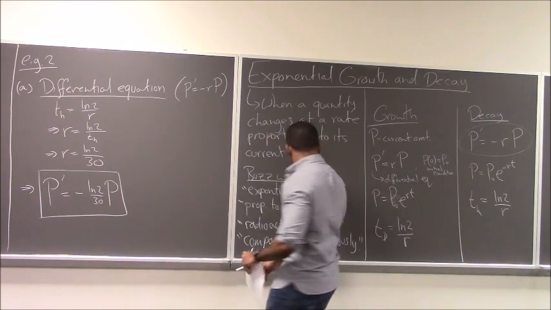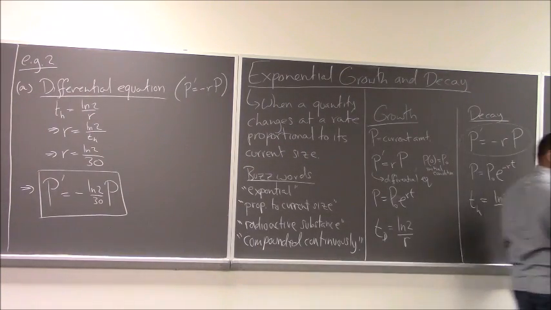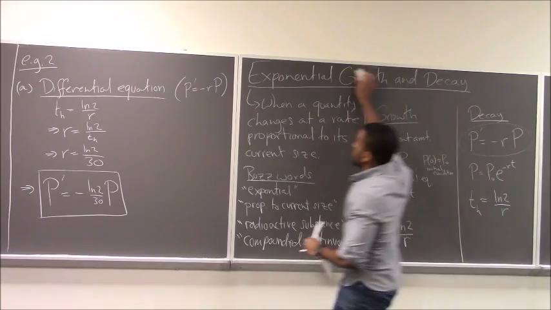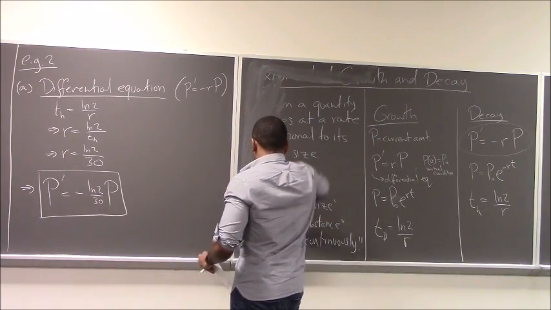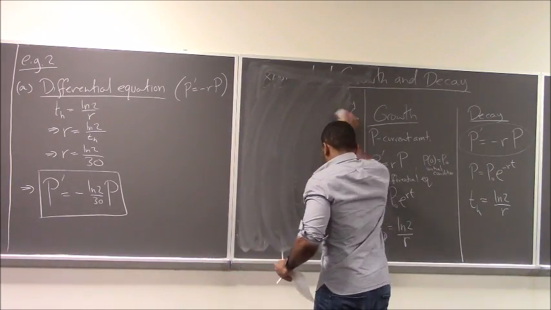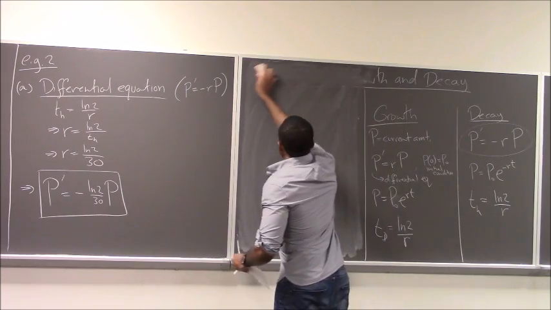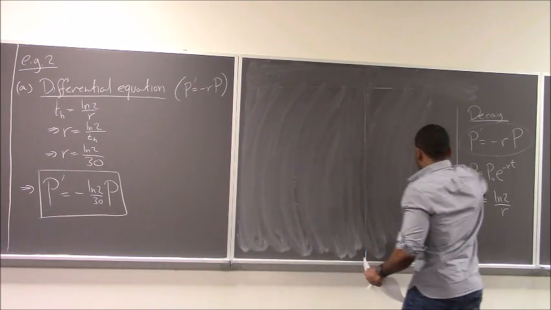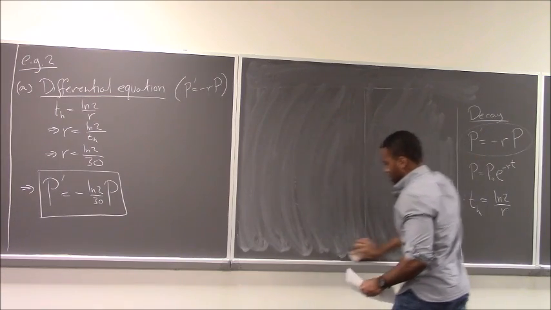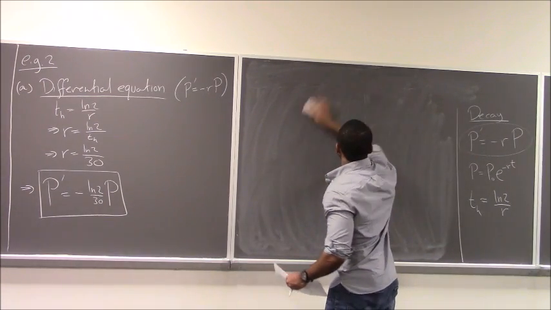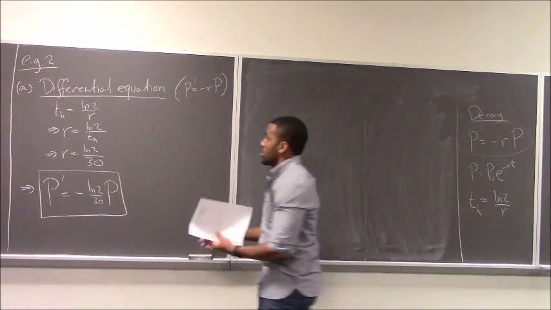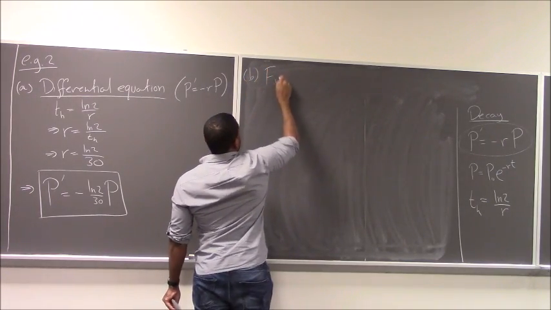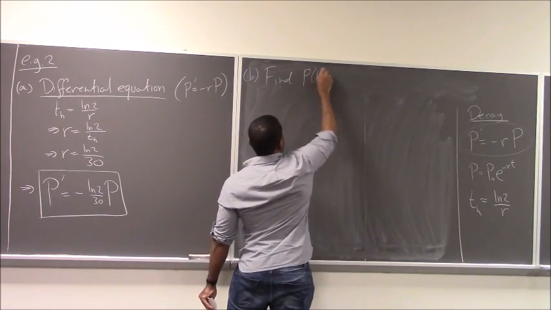Find a formula for P of t. Okay, what's the formula for P? The PERT formula. So B said find P of t.